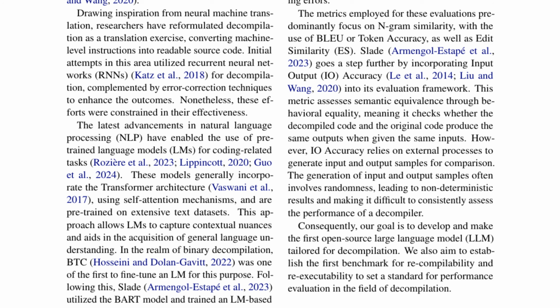However, input-output accuracy relies on external processes to generate input and output samples for comparison. The generation of input and output samples often involves randomness, leading to non-deterministic results and making it difficult to consistently assess the performance of a decompiler.